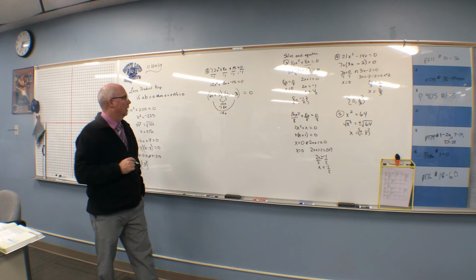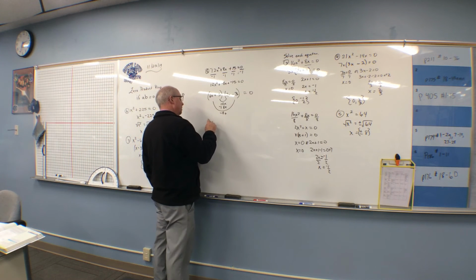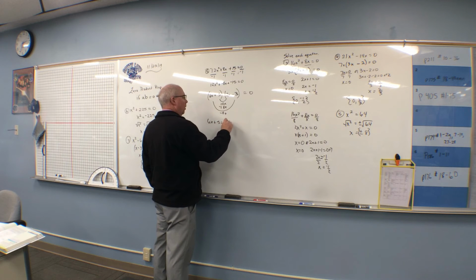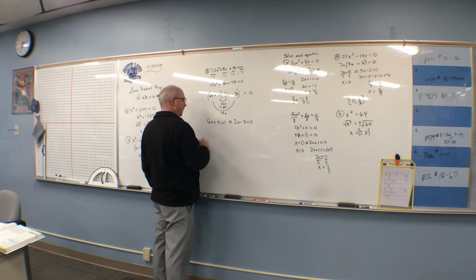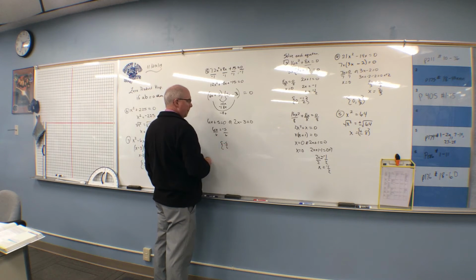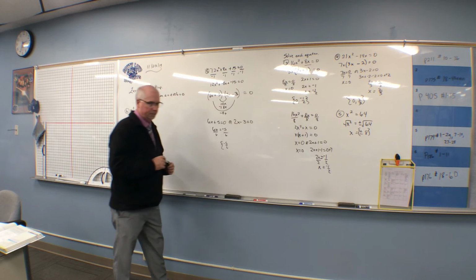So I'm gonna set 6x plus 5 equal to 0, or 2x minus 3 equals 0. If I move the 5 over, I get 6x equals negative 5, divided by 6. I'm getting a negative 5 sixths. Correct? Is anybody out there? We're trying to get you. Alright, stop then.